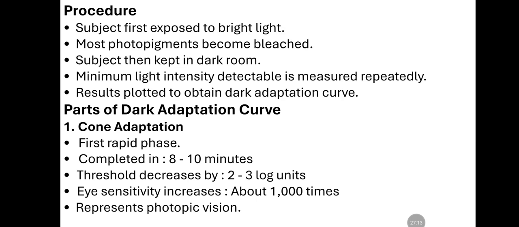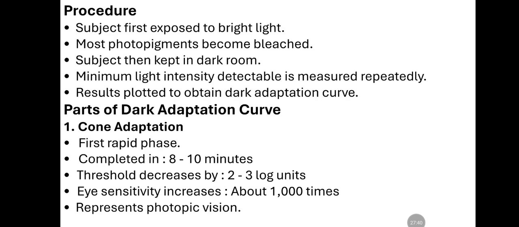Procedure: the subject is first exposed to bright light. Most photopigments become bleached. The subject is then kept in a dark room. Minimum light intensity detection is measured repeatedly. Results are plotted to obtain the dark adaptation curve.